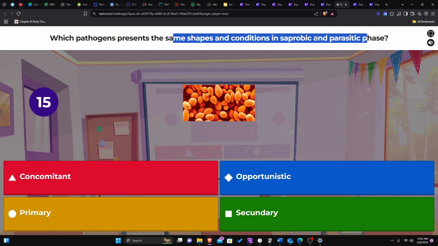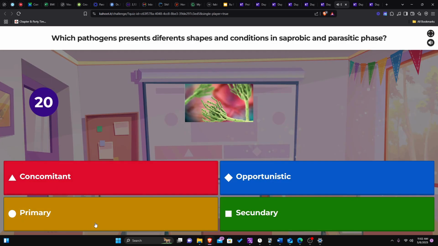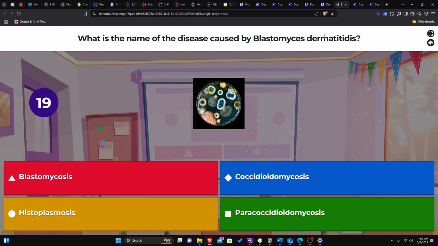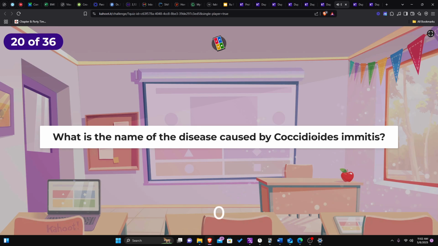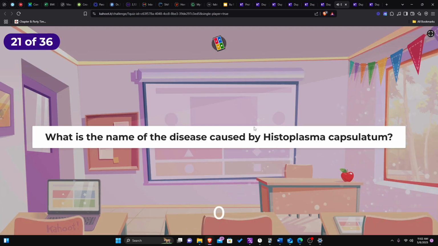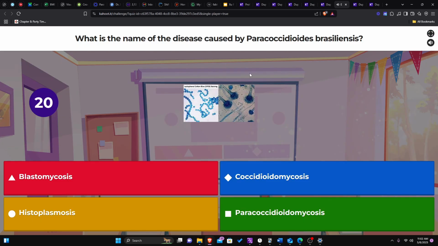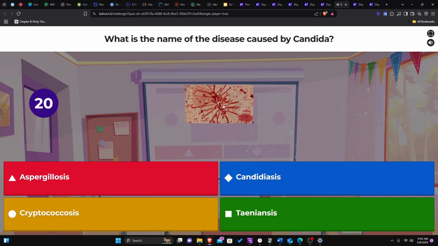It's gonna be opportunistic. Shape is gonna be primary. That's the next. America. Deviasis.